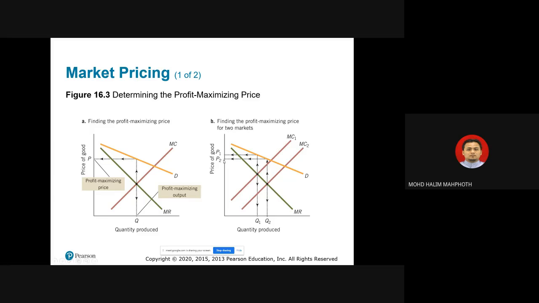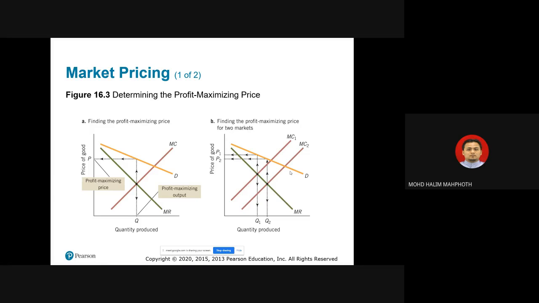So right here, you can evaluate that in a certain country, you offer a higher price at a small quantity of goods.